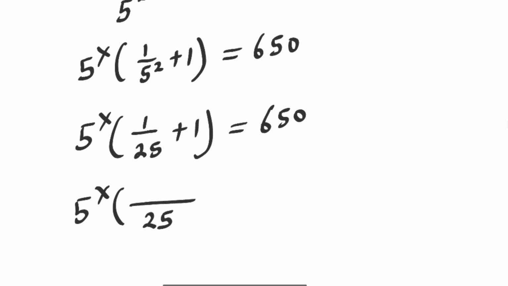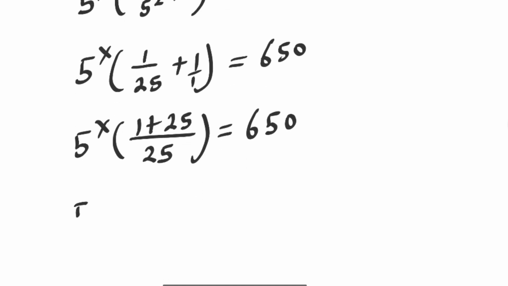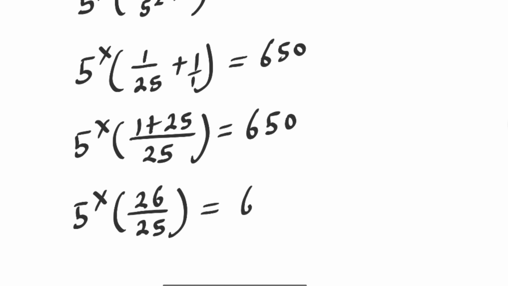Then here 25 in 25, 1 times 1, that is 1, plus this is over 1. 1 in 25, 25 times 1, 25 is equal to 650. 5 raised to power s bracket 1 plus 25, this is 26 divided by 25 is equal to 650.